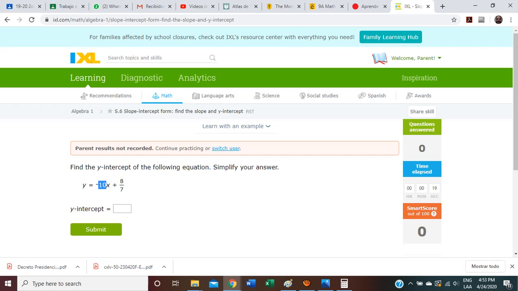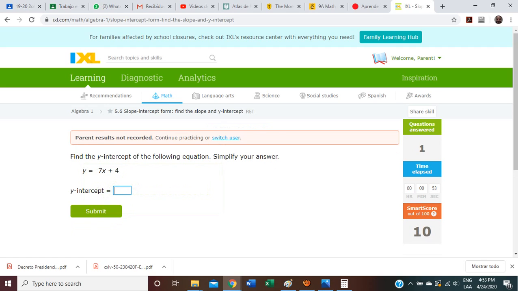You're always going to be given an equation like this. Y equals a constant with a variable plus or minus a constant. Okay? So the second constant is the y-intercept. The first constant is the slope. So I am being asked about the y-intercept, so the answer is 8/7. Okay, exactly this. That's it.